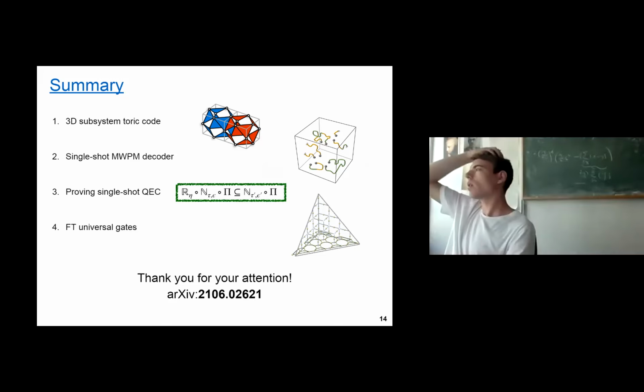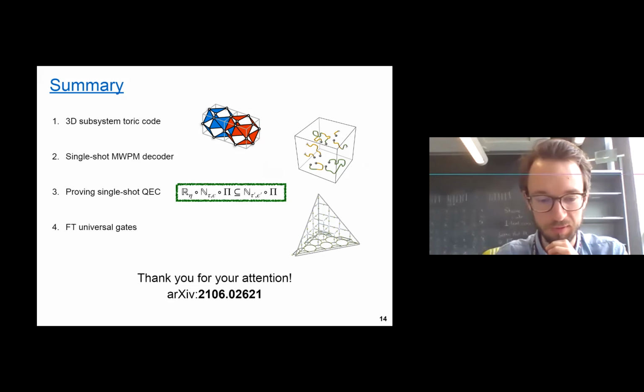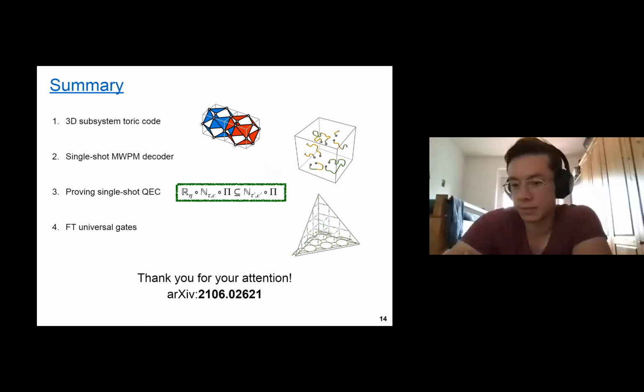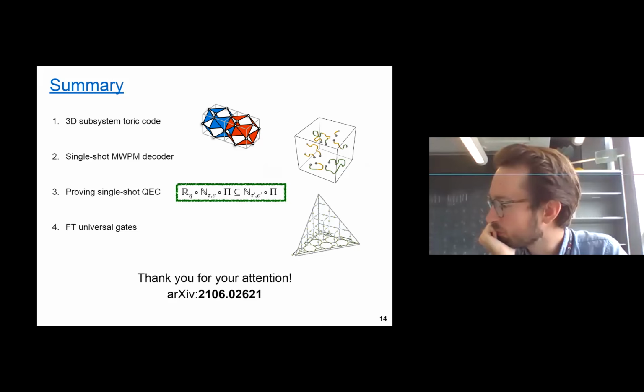Oh, so you're saying, in general, for any code, how far towards single shot can you get with unlimited decoding power and knowledge of the system? Yeah, I think you can.